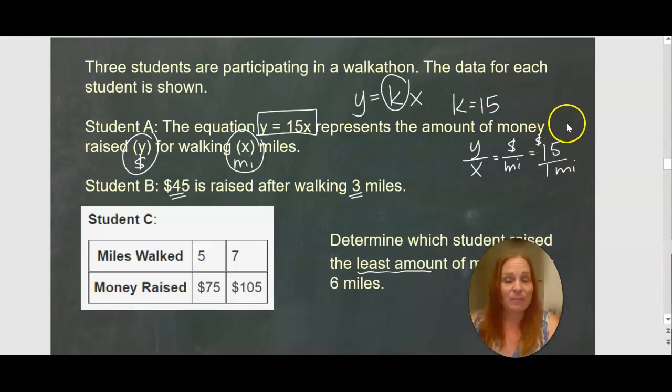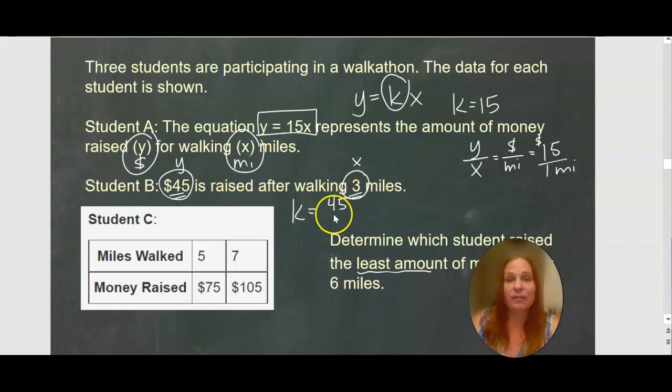So that's student A. For student B, we're going to do the Y, which is, remember, the money, divided by X, which is the miles. So for student B, we have 45 divided by 3. Again, that's Y divided by X, money divided by miles, which is also 15. So $15 for 1 mile.